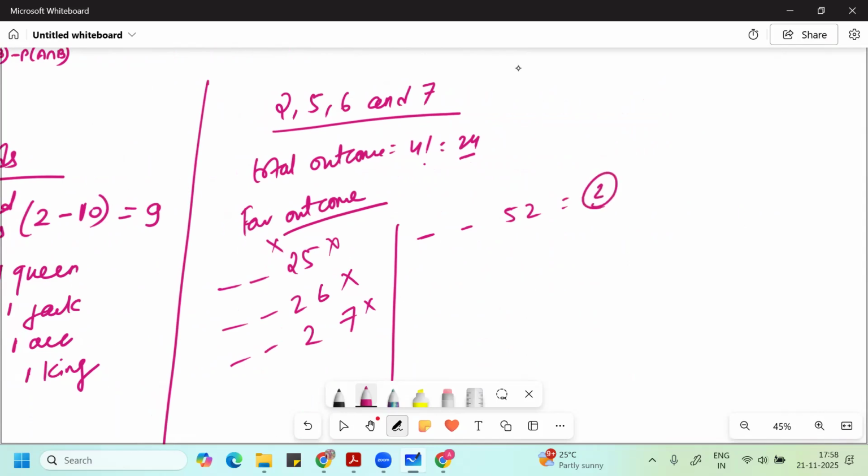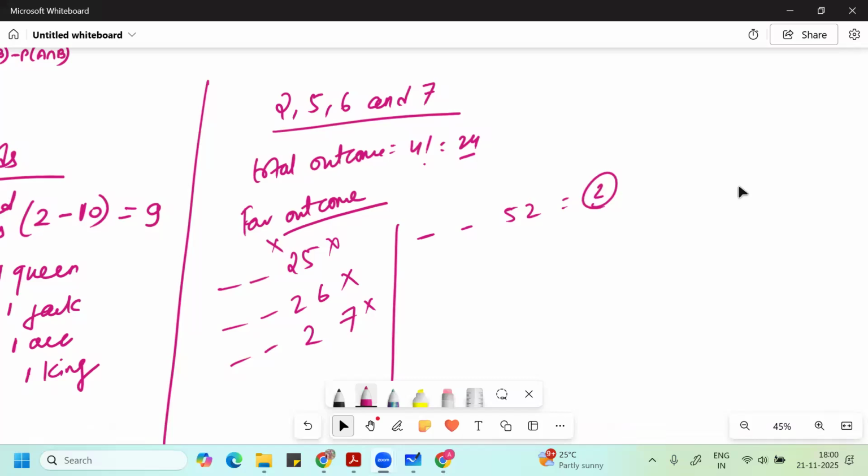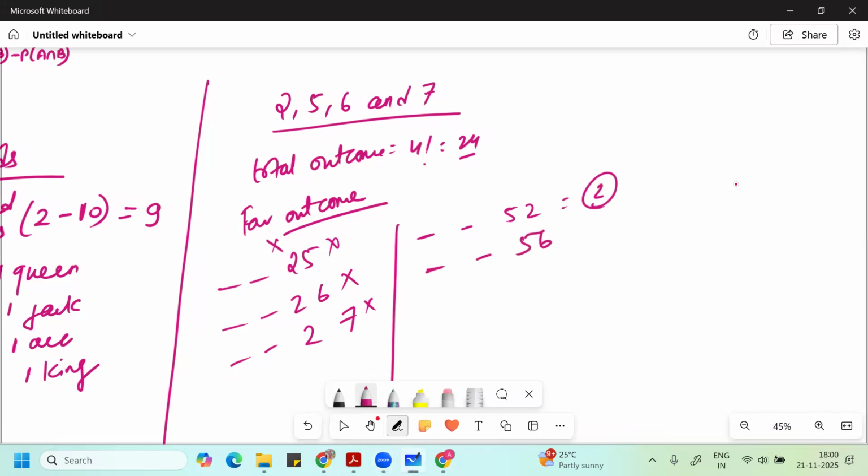Two numbers you can create: 6752 or 7652. Both are divisible by 4. Then if it ends with 56, again two numbers can be created: 7256 or 2756, which are divisible by 4.